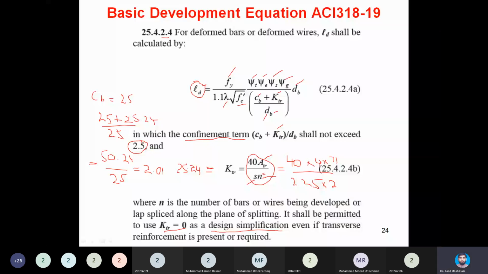If I drop this KTR equal to 0, I will get CB over DB, 25 over 25, the answer will be 1. But if I'm using it, I'm getting the denominator 2.01, which is still less than the maximum permitted 2.5. In this way, I can calculate the LD again for the same project which I have earlier calculated.